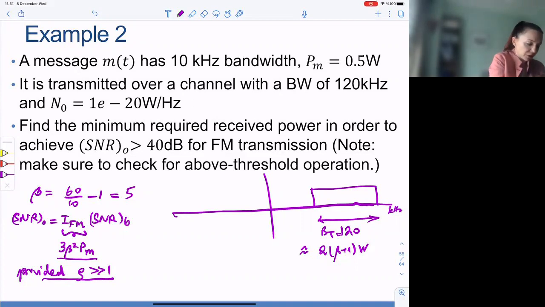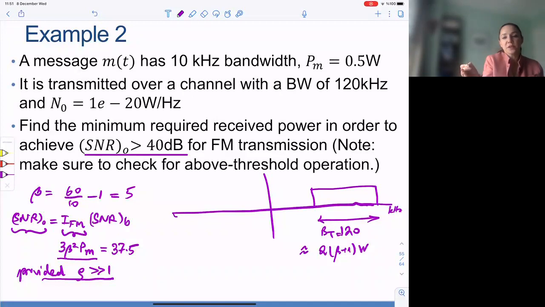And this SNR_O is desired to be bigger than 40 dB. What is 40 dB? 10 log of the output SNR is greater than 40. This means the output SNR is greater than 10 to the 4.